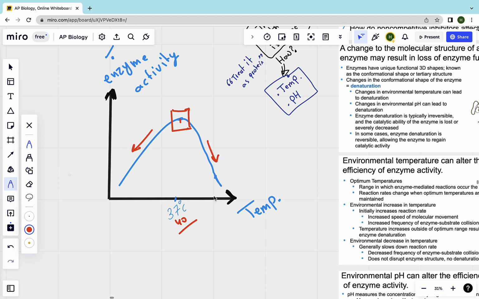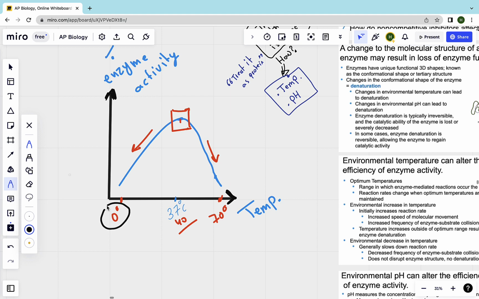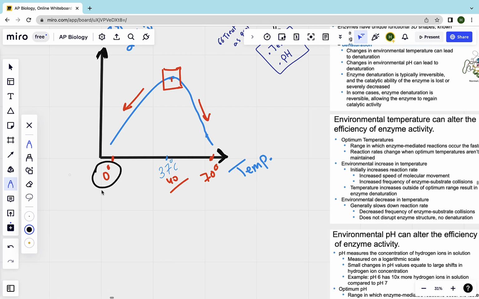Now, what will happen at these temperatures? Let's say this one is 70 degrees, and this one here is 0 degrees. At 0 degrees, the enzyme activity will be 0. Enzymes won't be working.